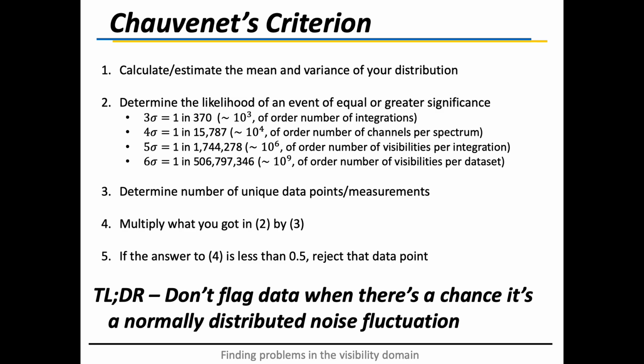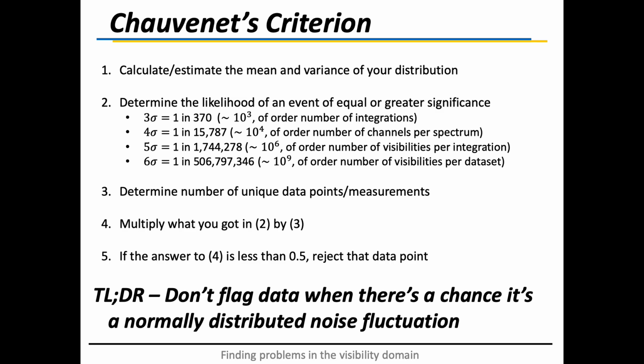So a 3 sigma event is about 1 in 300, which is fairly common, all the way up to 6 sigma, which is about 1 in a billion. That sounds like a lot, except that, at least for the SMA, it is roughly the number of independent data points you get in a typical night's worth of observing. So 6 sigma events are actually not that far-fetched.